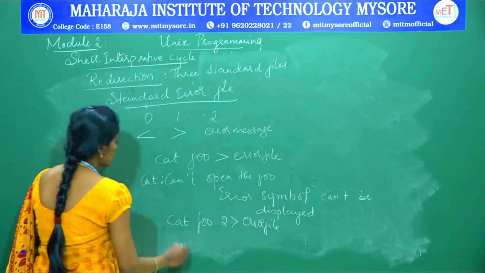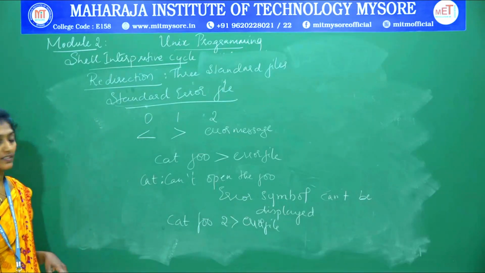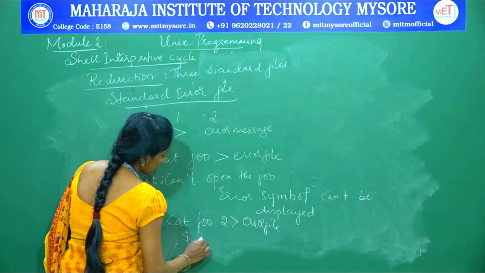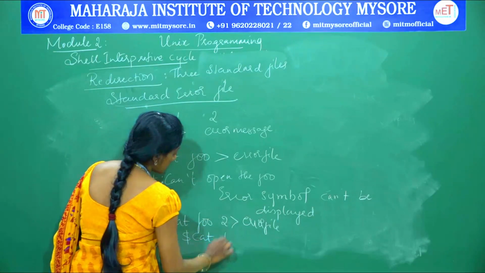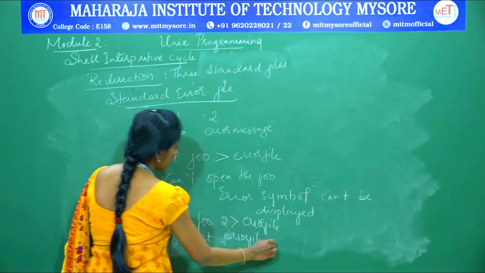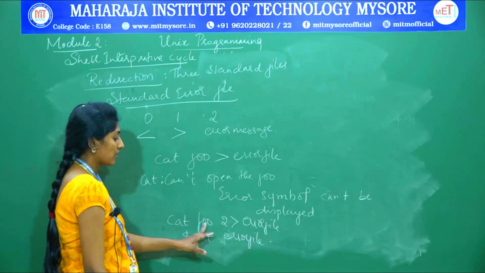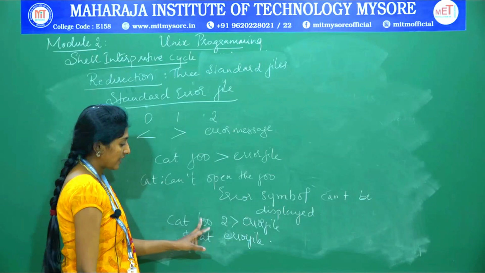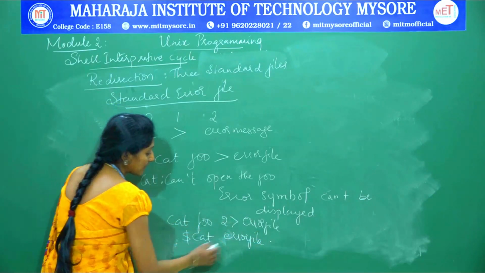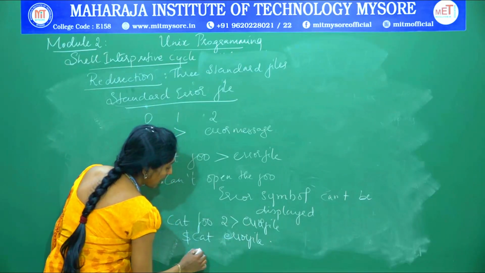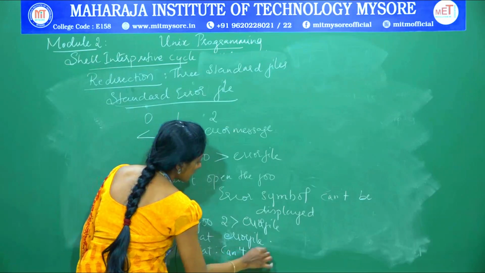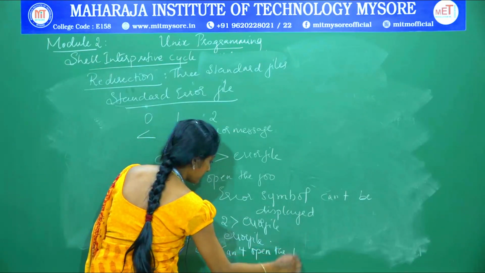Then it will not show you can't open the foo file on screen. Now the error message will be redirected to the error file, and it will display that error message there as cat can't open the foo.